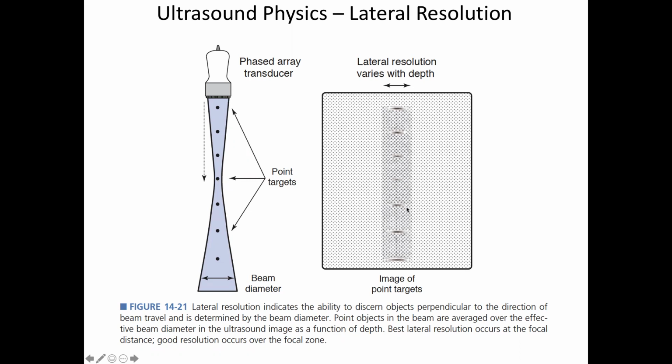And in a phantom, this is what it would look like. You would get a smudge of a certain width away from the focal point, right? We'll see some experimental results for measuring not only the spatial resolution, but also the signal to noise as a function of depth, right?